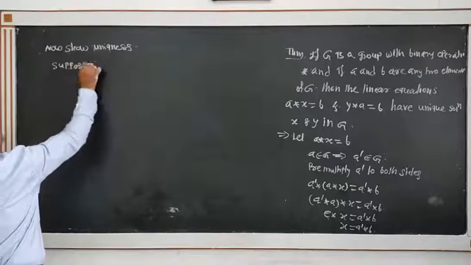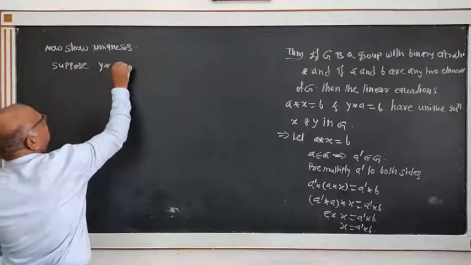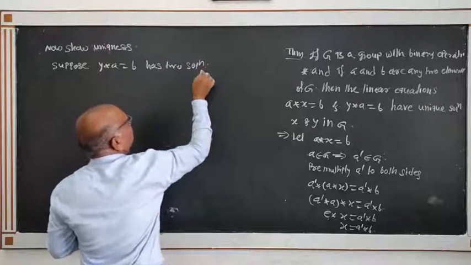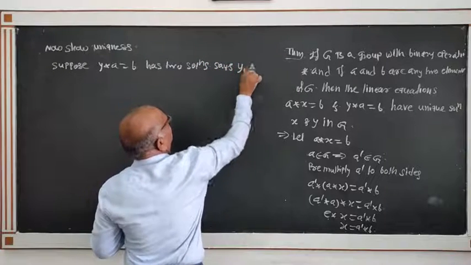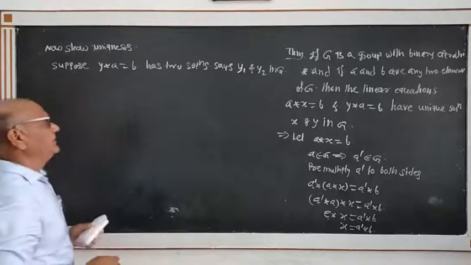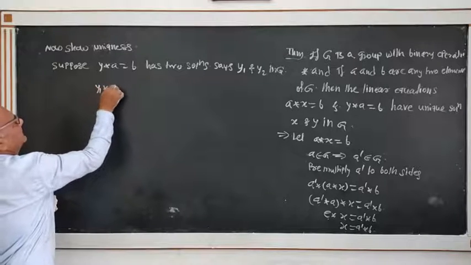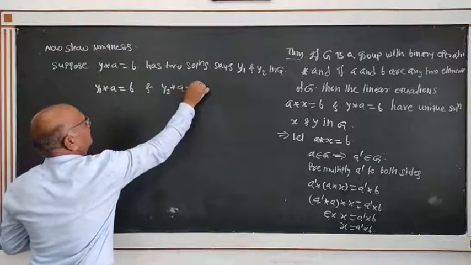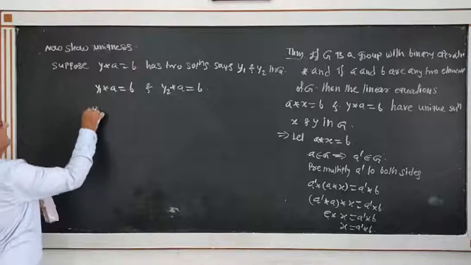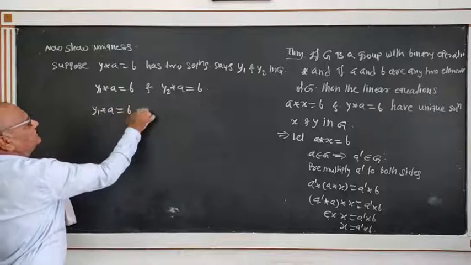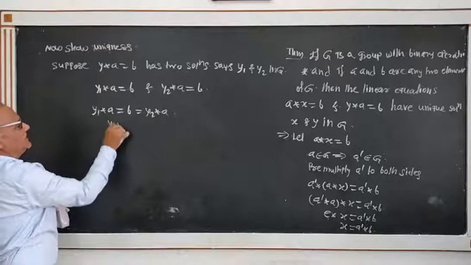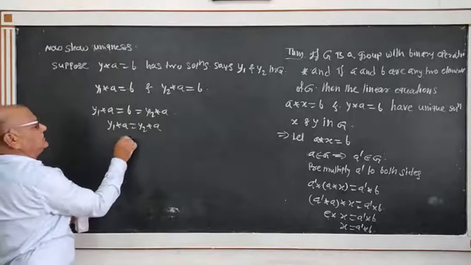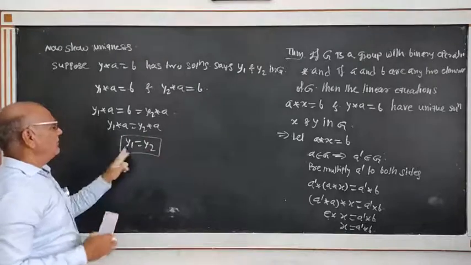Suppose Y star A is equal to B has two solutions, say Y1 and Y2 in G. That means we get Y1 star A is equal to B and Y2 star A is equal to B. From these two equations, Y1 star A is equal to B is equal to Y2 star A. We get Y1 star A is equal to Y2 star A, and by cancellation law, A gets cancelled, and this gives Y1 is equal to Y2.